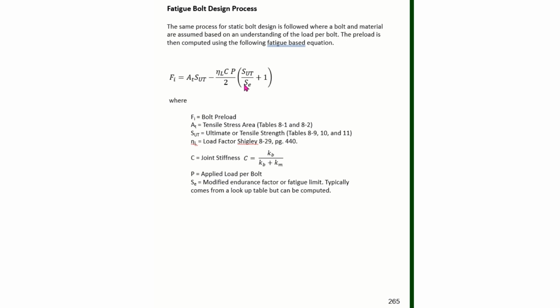But in terms of bolt design, we can often look up the endurance limit. We can find that in many manuals, machine design textbooks and handbooks that talk about bolt design. They will have a table of the modified endurance values.